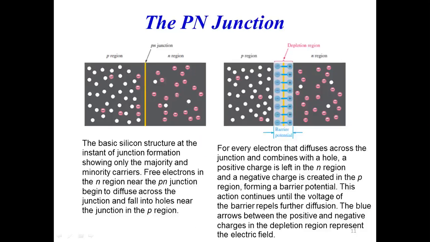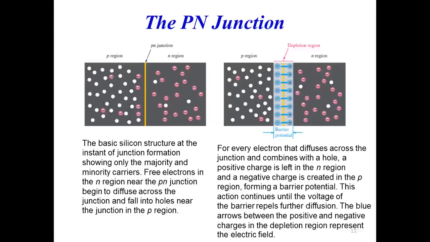Now, as shown in the diagram, in the P region there is an excess of holes, whereas in the N region there is an excess of electrons. Or we can say here electrons are the majority carriers, whereas here the holes are the majority carriers.